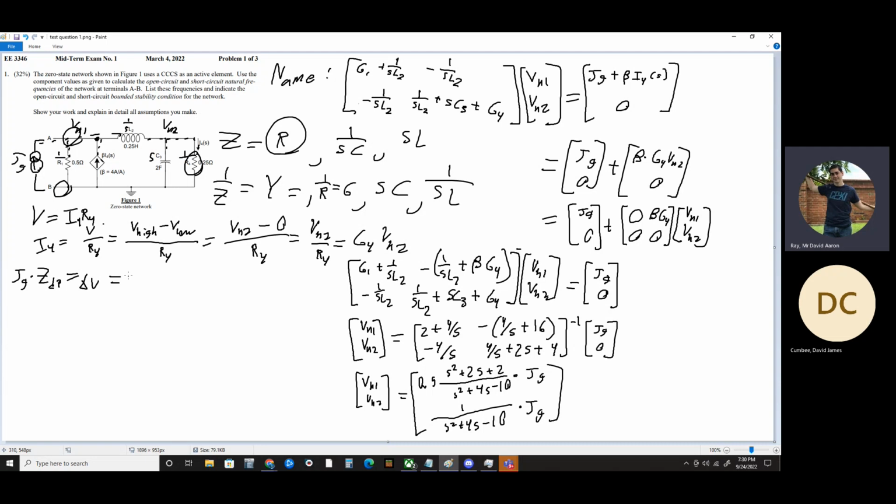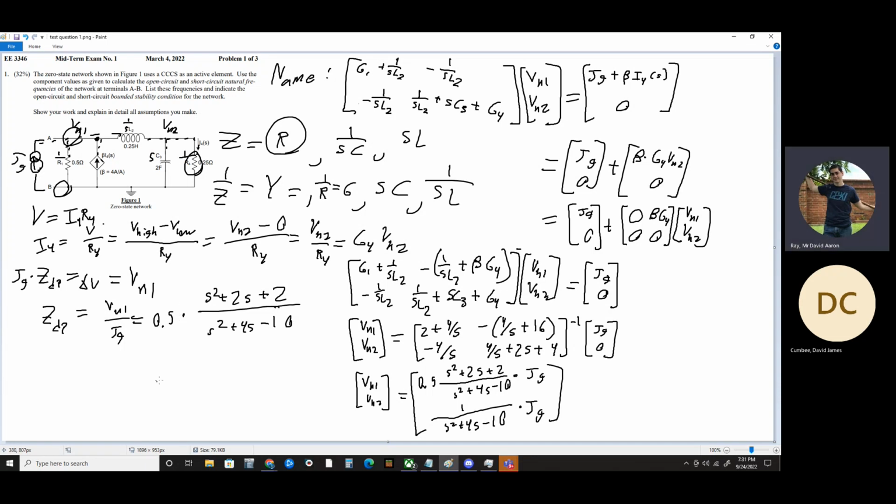This is Vn1. I know this is Vn1 since it's flowing into Vn1. So then ZDP just equals Vn1 over JG. So now you're able to get rid of that JG term, and that will give you 0.5 times s squared plus 2s plus 2 over s squared plus 4s minus 10.